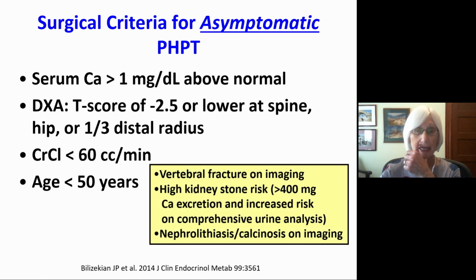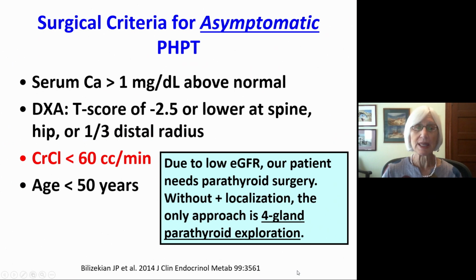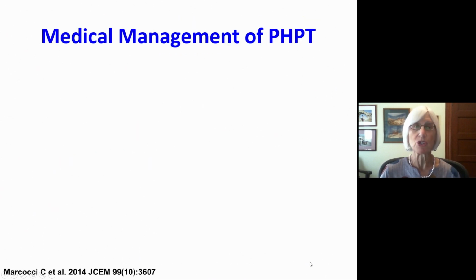Other criteria can be if you find that fracture on imaging, or she has high stone risk or stones on imaging. So in this patient, it was the creatinine clearance being low, the low GFR, that gives you the criterion for surgery. Due to this, she needs surgery, and since nothing localized, the correct answer for her is a 4-gland parathyroid exploration.